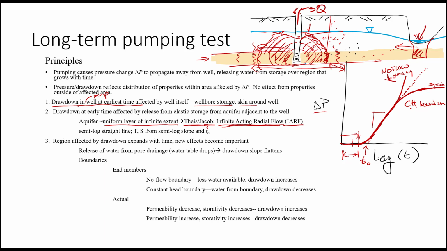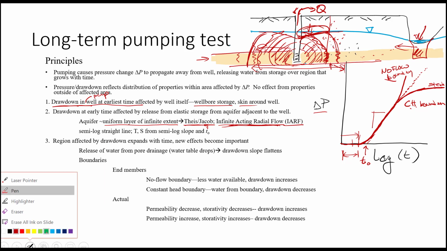But as soon as we reach it here, when it starts to propagate out like this, then we're going to start to drop the water table, and in this region we're going to have release of water from storage due to drainage of the pores. Okay, so that's an additional mechanism that's going to release more water from storage due to a unit of drawdown than would be occurring if we just had elastic storage.